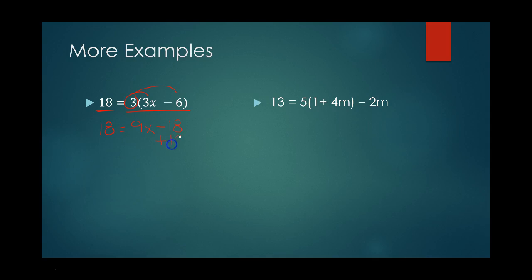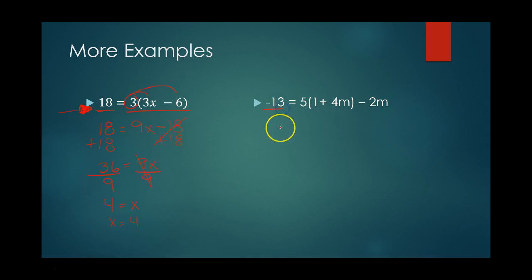So I can add this 18 now that I'm working on my two steps. 18 plus 18 is 36 equals, and then I'm just left with that 9x. Divide by the coefficient, and I get 4 equals x, or x equals 4. So this distribution, this step 1, is the new element in these multi-step equations. Once we do that step 1, then we're looking at a two-step.